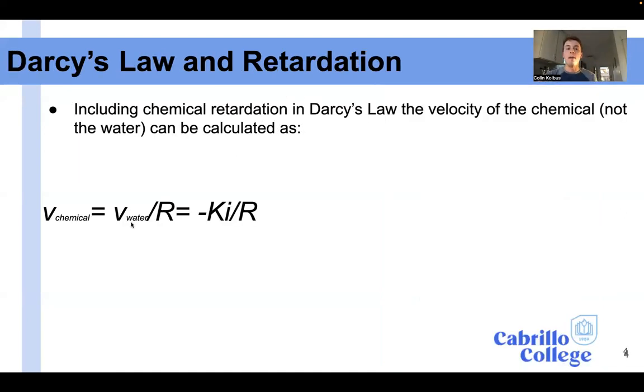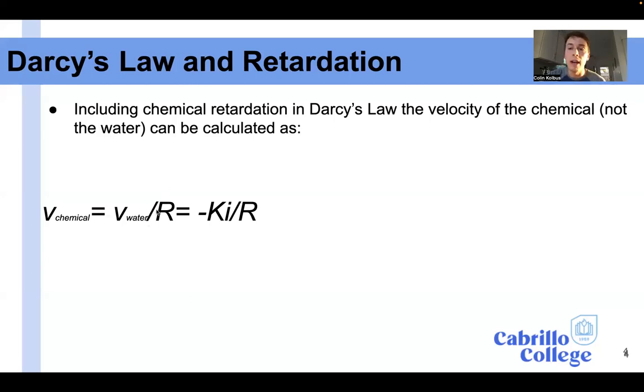And so with chemical retardation, now the speed of the chemical is not the same as the speed of the water. So our velocity of our water divided by R equals the velocity of our chemical. And R is usually a value that's greater than 1.